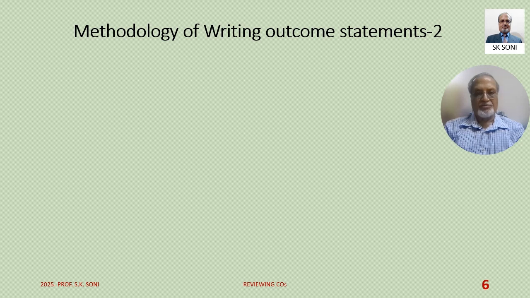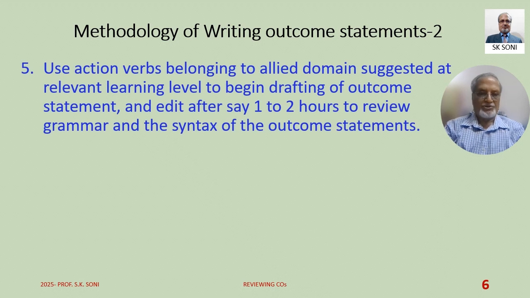Continued methodology of writing outcome statements. Step 5: Use action verbs belonging to the allied domain suggested at the relevant learning level to begin drafting the outcome statement, and edit after say 1 to 2 hours to review grammar and syntax.